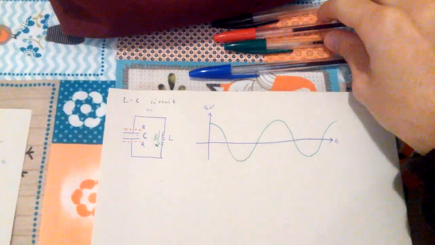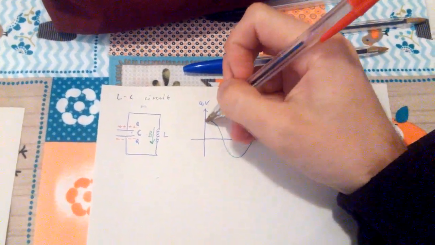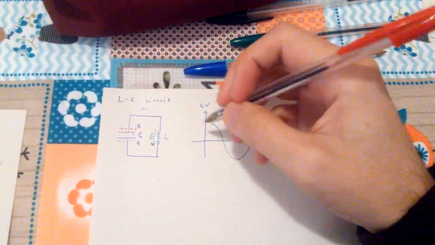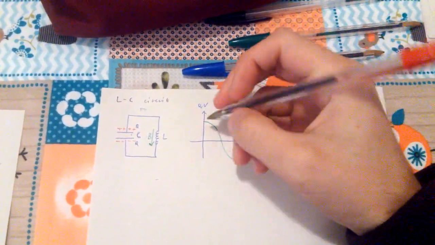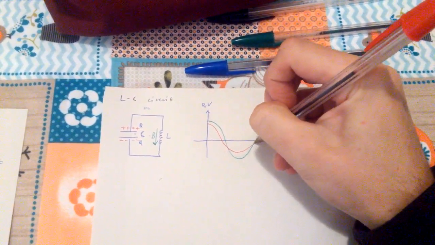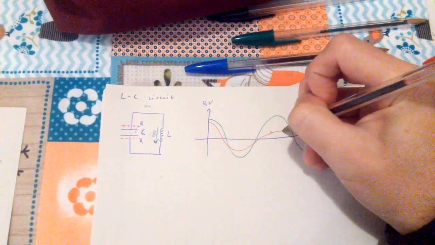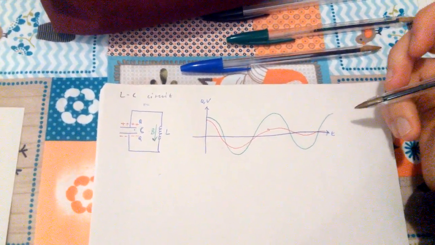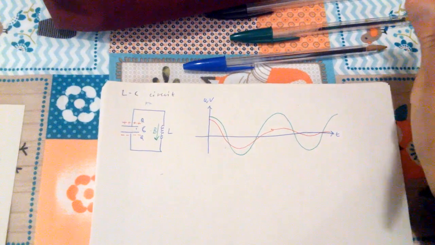Well, then our pretty sinusoid is gonna become flat, something that looks like this, until it becomes flat and there is no current whatsoever.